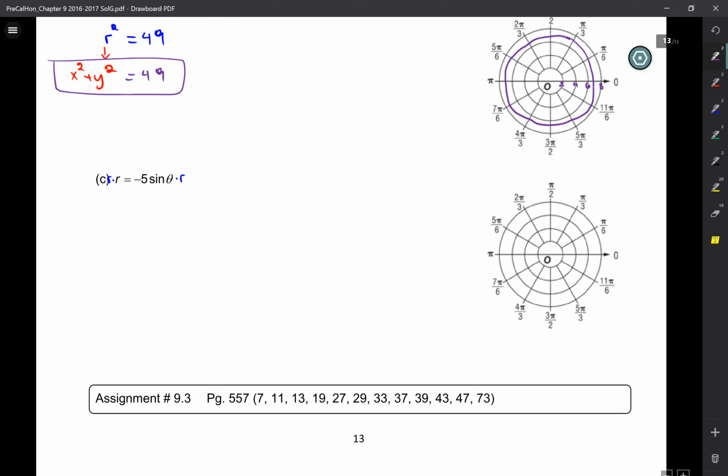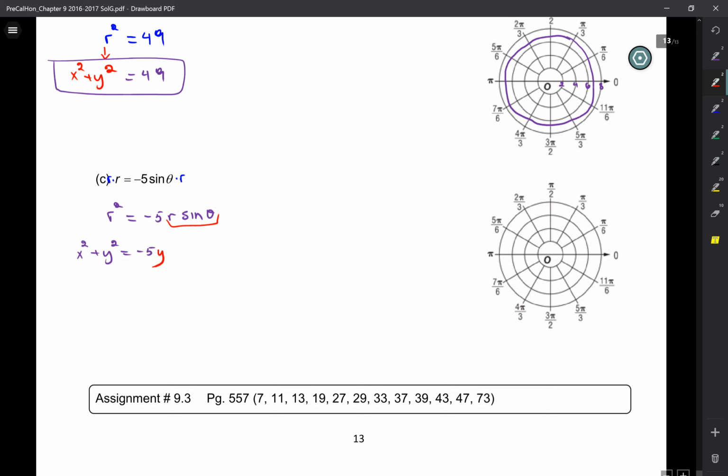So here, r squared is equal to negative 5r sine theta. This is one of my favorite things. So now, how does r squared connect to the rectangular world? x squared plus y squared is equal to negative 5 times, and what's r sine theta? It's y.